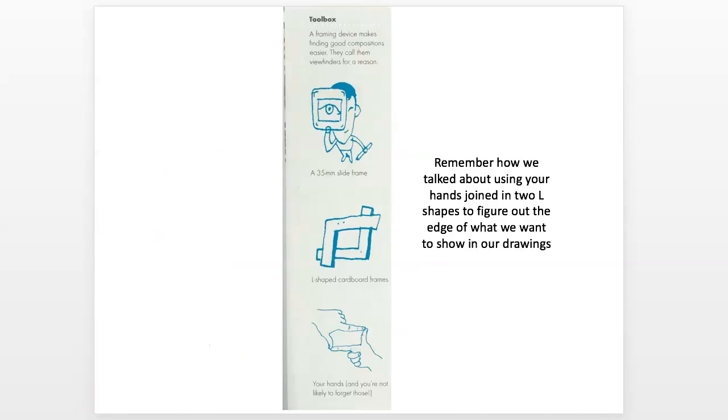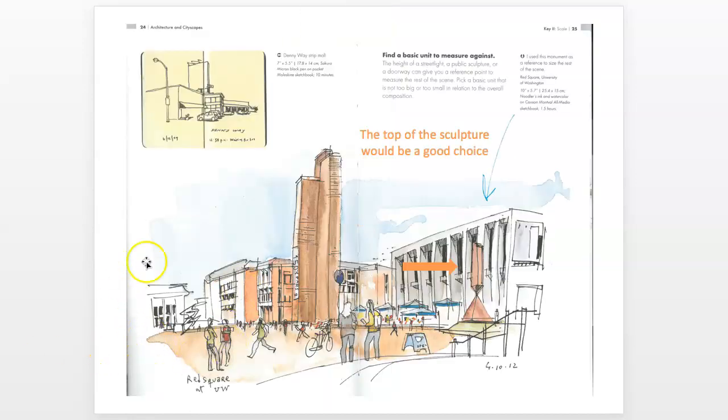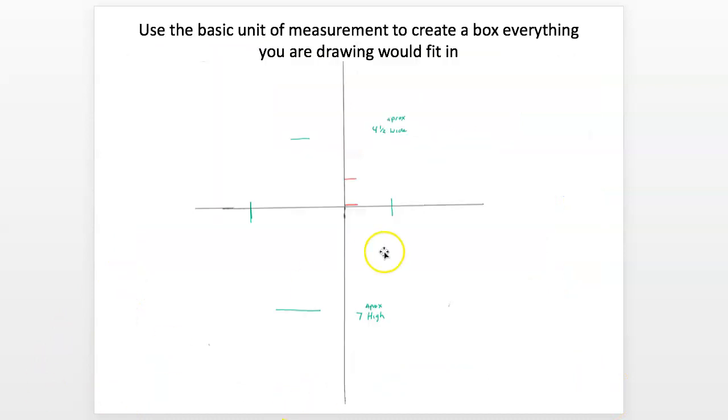If you remember back to how we talked about using two L's, well, this will be what we're talking about. There's going to probably be a negative space, leftover space around your object, so you're going to probably want to include some of that. So this box wouldn't be just the edge of your paper. It will be on your paper because you have a little bit of extra space all around your objects. So you're creating the actual things you're drawing, okay?